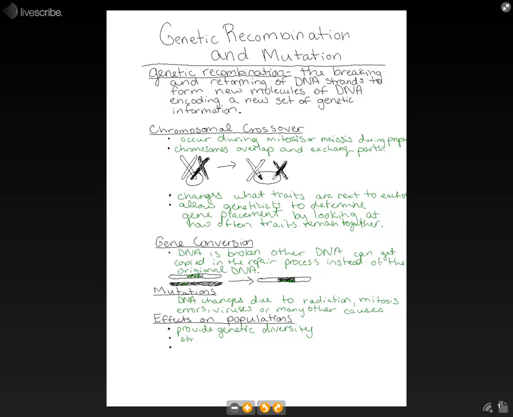And that's going to strengthen a population, resistance to genetic diseases, and it's also going to provide new adaptations, possibly, for success.